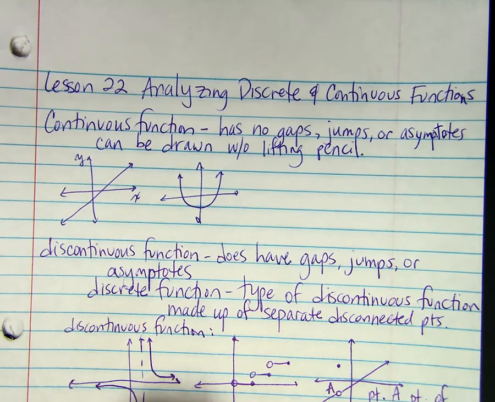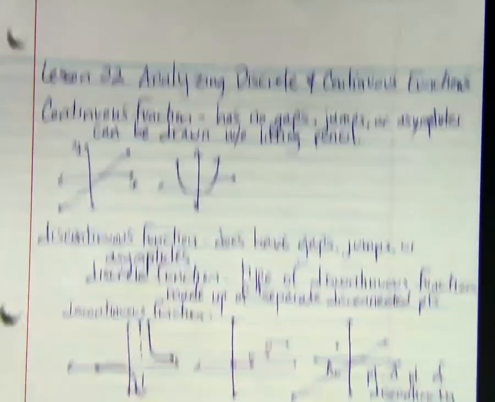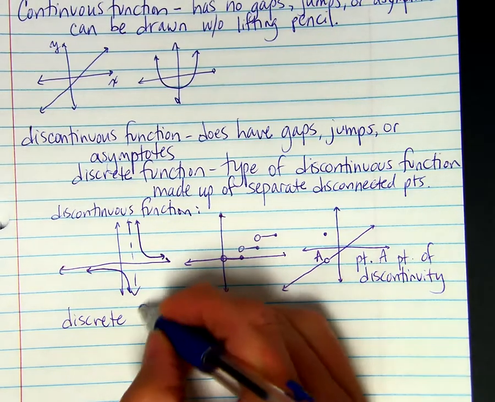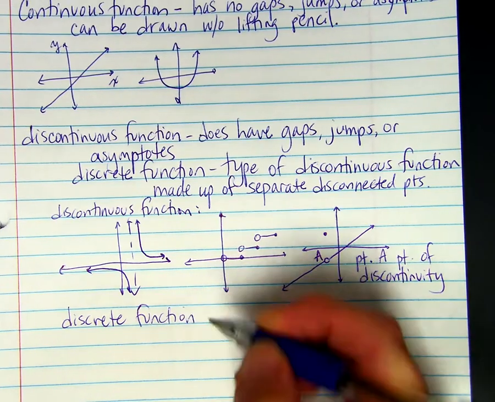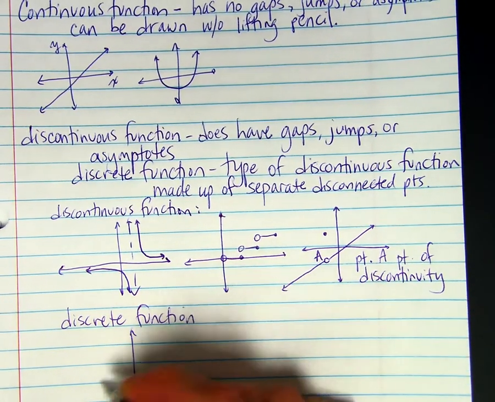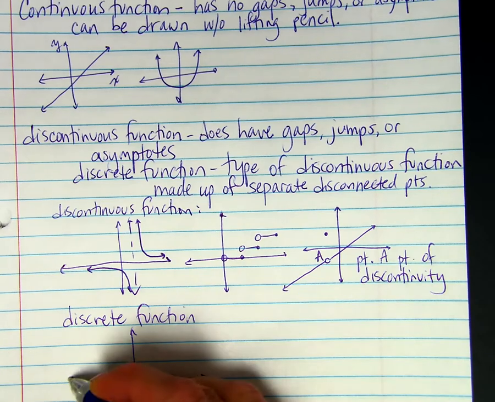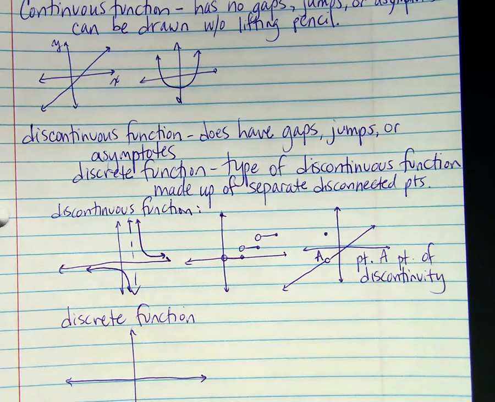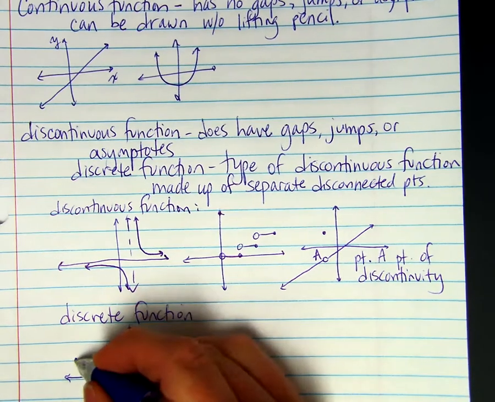I want to show you a couple of examples of a discrete function. Again, all of these are functions, so they have to pass the vertical line test.